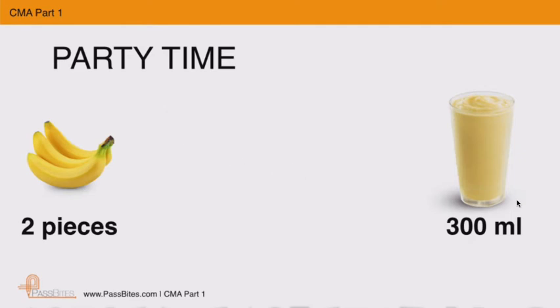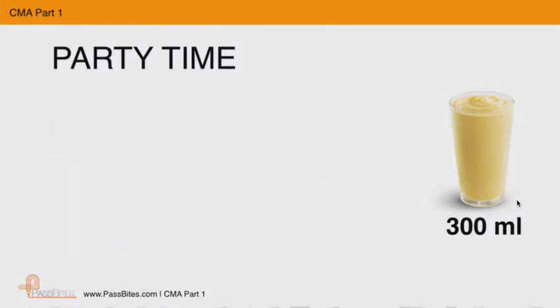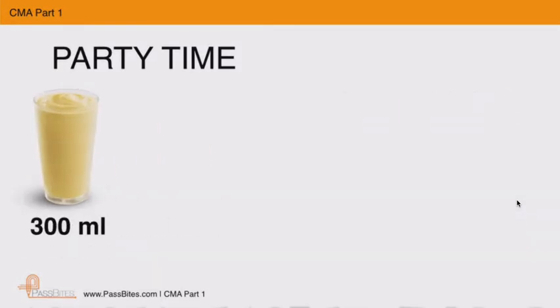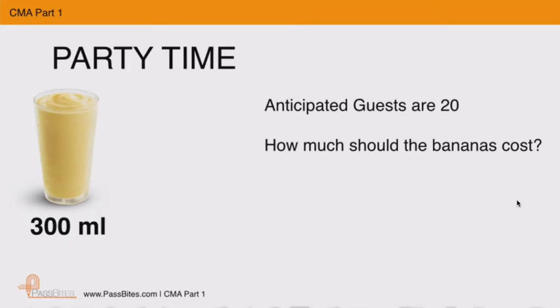So if 2 pieces are required to make 300 milliliters of banana milkshake, assuming that 1 banana will cost $1, how much should the bananas cost us if the anticipated guests are 20? The answer is simple: 2 bananas times $1, times 20 guests, gives $40.